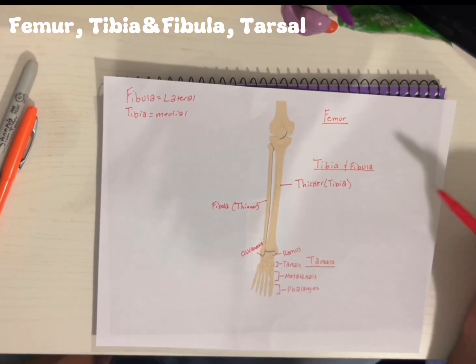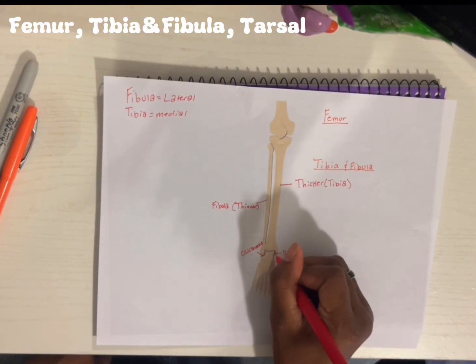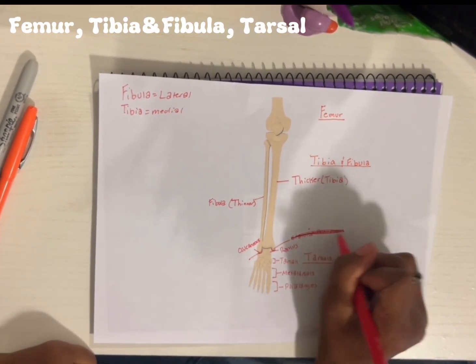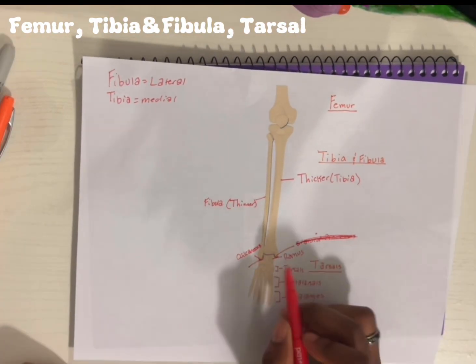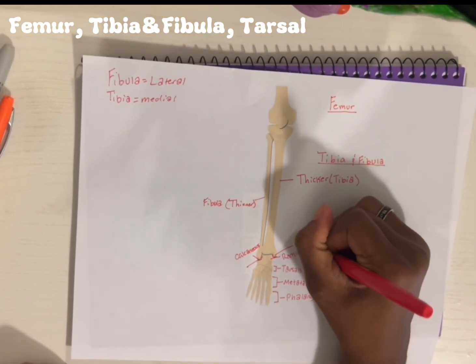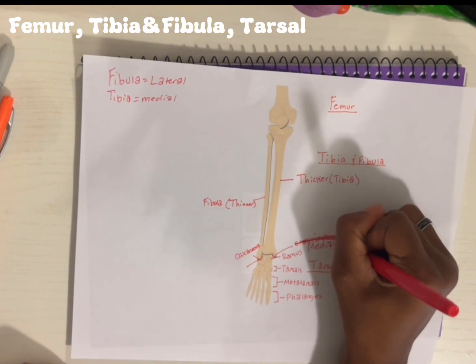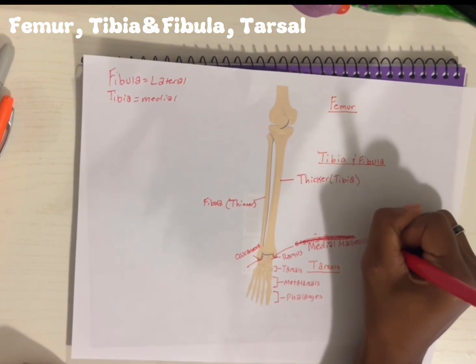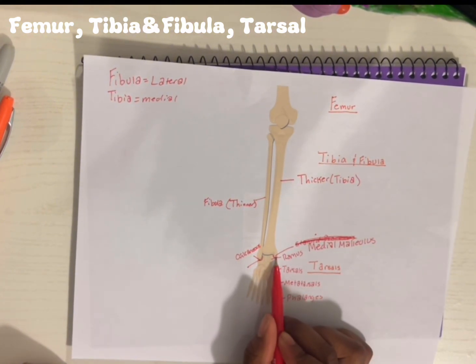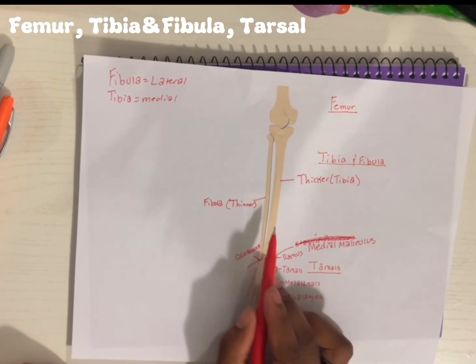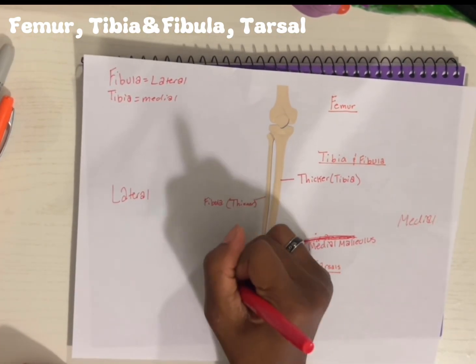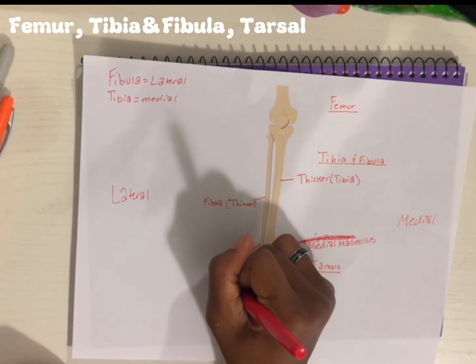These two processes down here, it's not styloid process. That's for the ulna and radius. Since these two are together, it's called the malleolus. Since this one is more medial, it's going to be called the medial malleolus. So this is the medial malleolus, right here. And on this end, this is the more lateral side, so this one is the lateral malleolus.